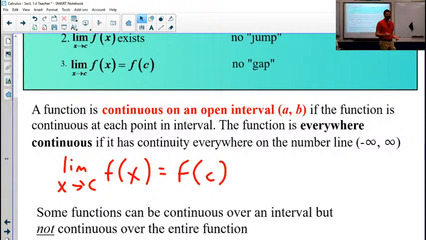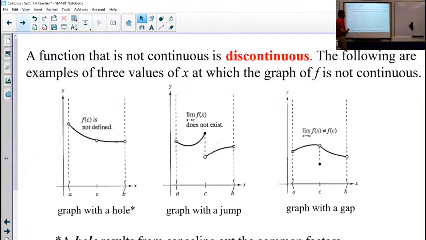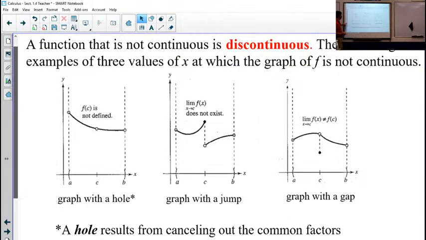Discontinuity would be places where the function isn't continuous. So here's more visuals of places where function would not be continuous. Remember, a hole usually happens if we're canceling out something on top and bottom. We talked about that when we first started talking about limits.